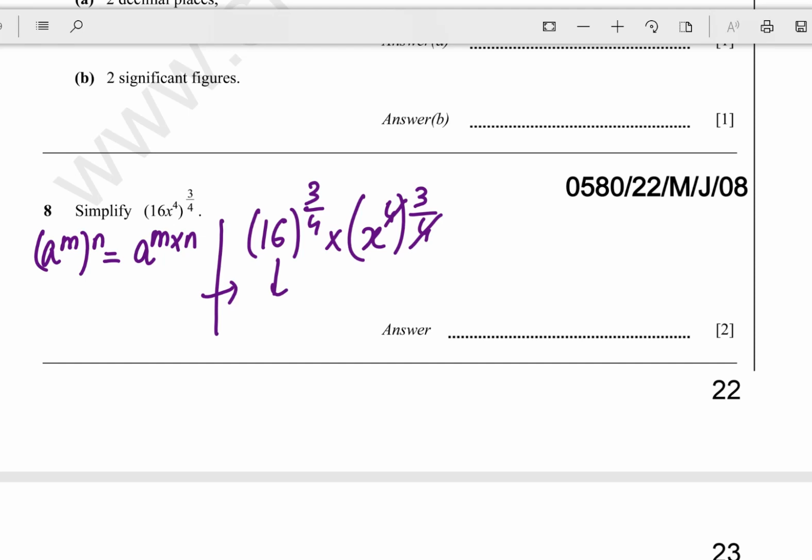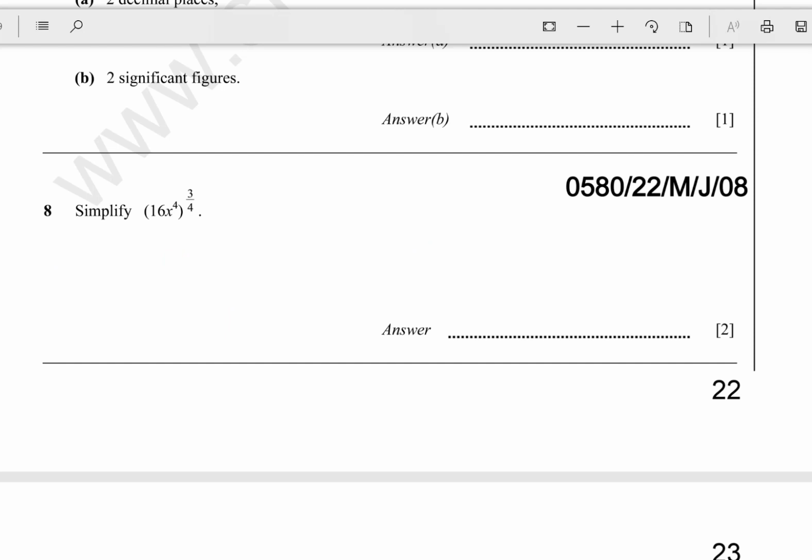Why am I writing it as 2 raised to 4 and not 4 raised to 2? So this question has been taken from May June 2008, paper 2-2, and that's question number 8. So let's separate the number. So 16 raised to 3 upon 4 into x raised to 4 the whole raised to 3 upon 4. 16 we can write as 2 raised to 4.